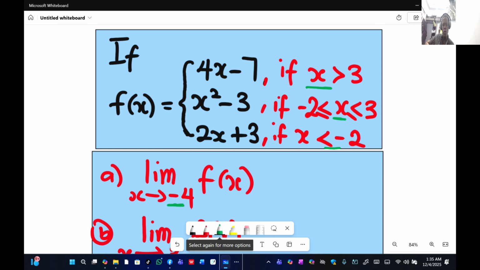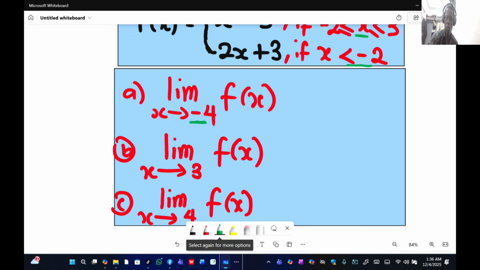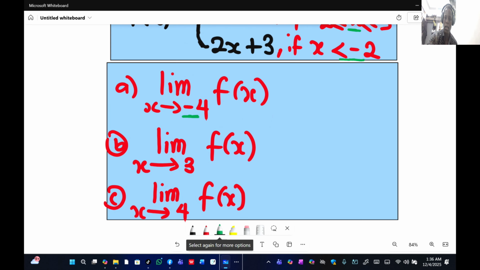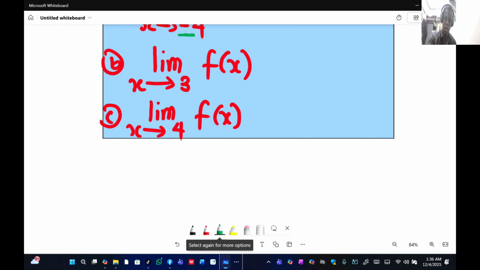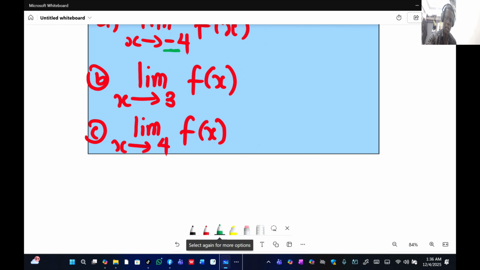For the third one, x is less than negative 2, and negative 4 is also less than negative 2. So we'll be using the third part of the function to evaluate the limit of f as its input approaches negative 4.